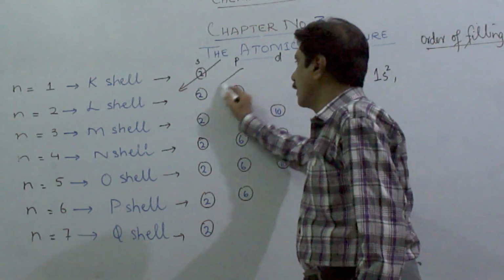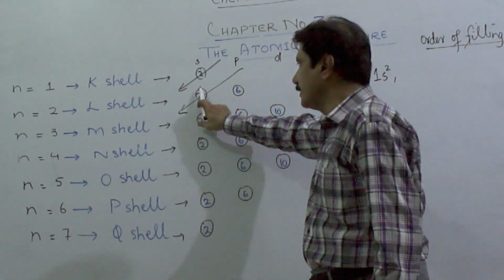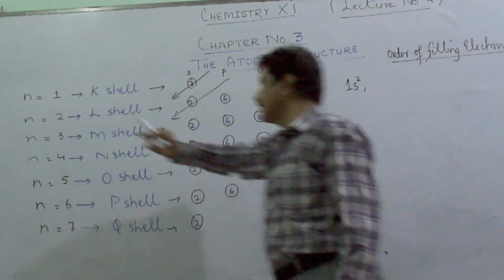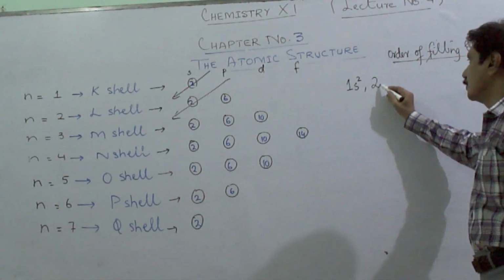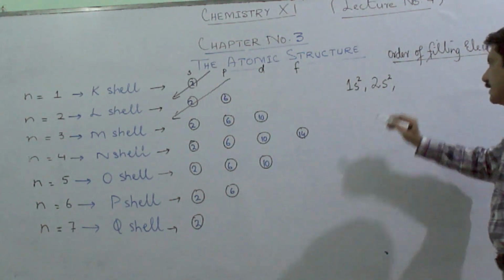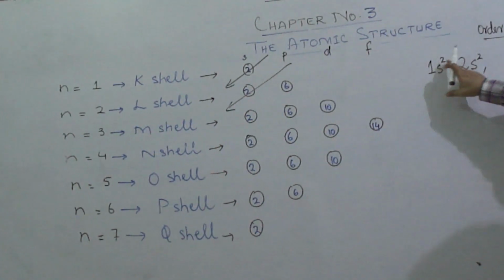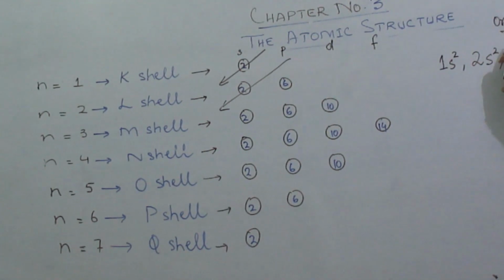Then, following the second arrow, again 2 electrons will enter the s orbital of the second shell, the L shell. So you must write here 2s2. It shall not be read as 1s square 2s square, rather it will be read as 1s2 2s2.